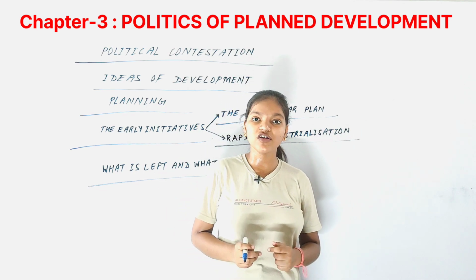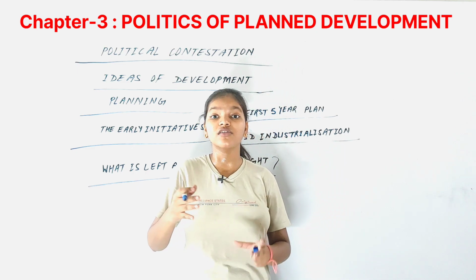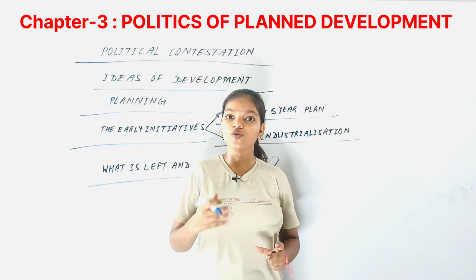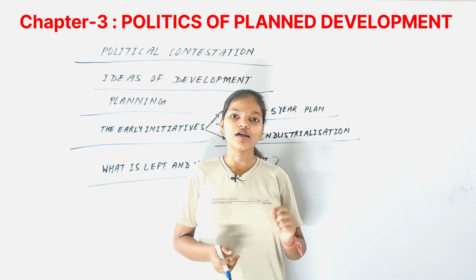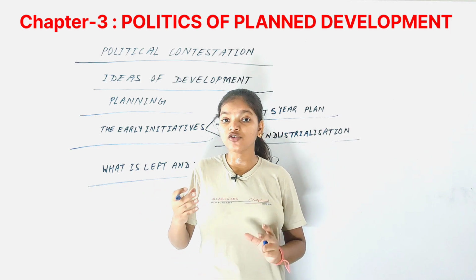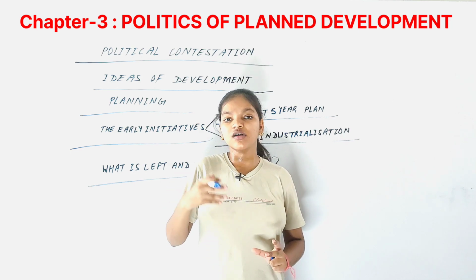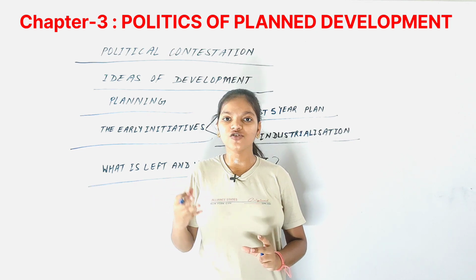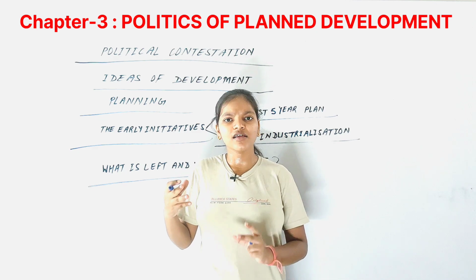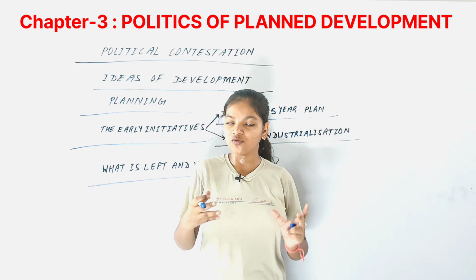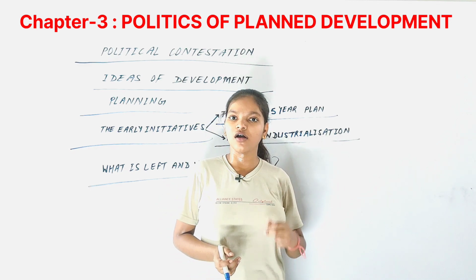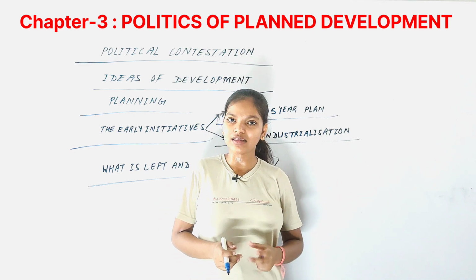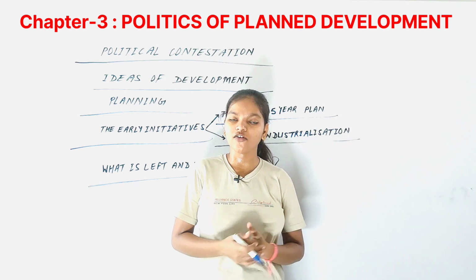Another thing is that leftist ideology is more keen towards the rights, towards liberty, towards equality, towards, we can say, progress of the country, while the rightist ideology is more keen towards tradition, towards hierarchy, towards our past, and many other things. Both are contrary to each other. At present our ruling party of India, which is Bharatiya Janata Party, belongs to rightist ideology.